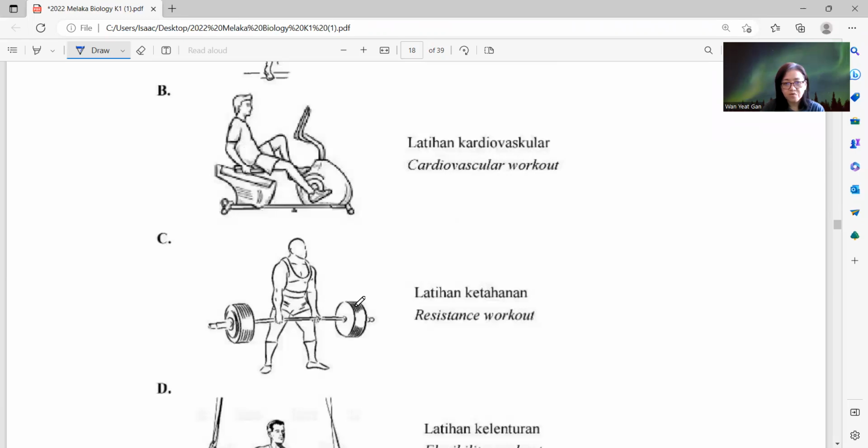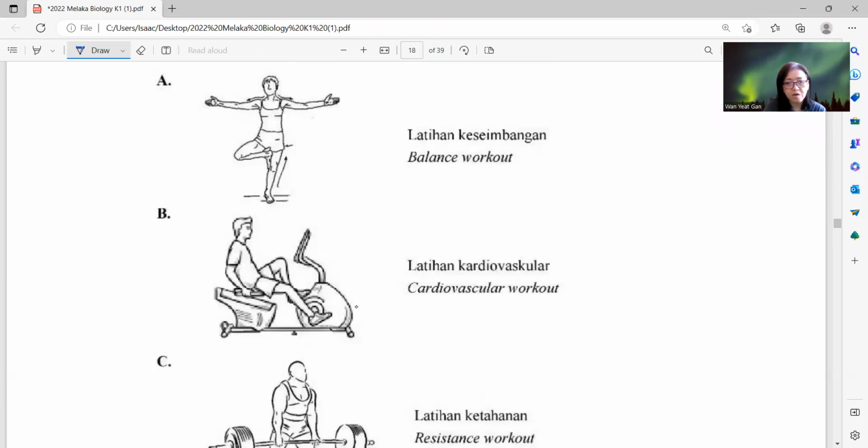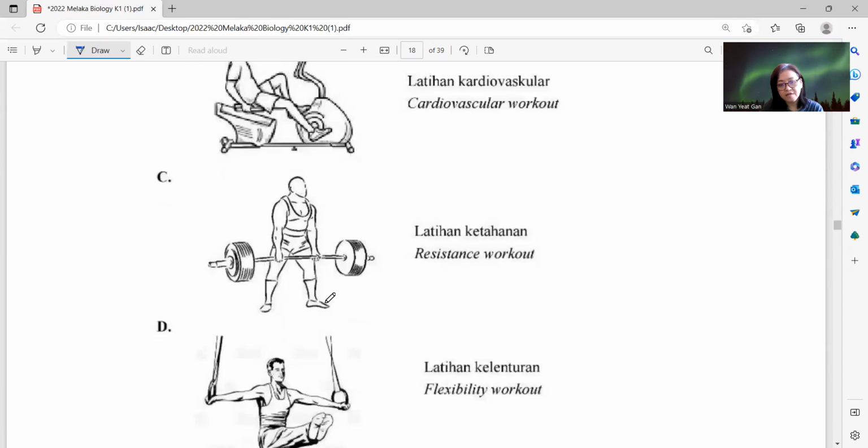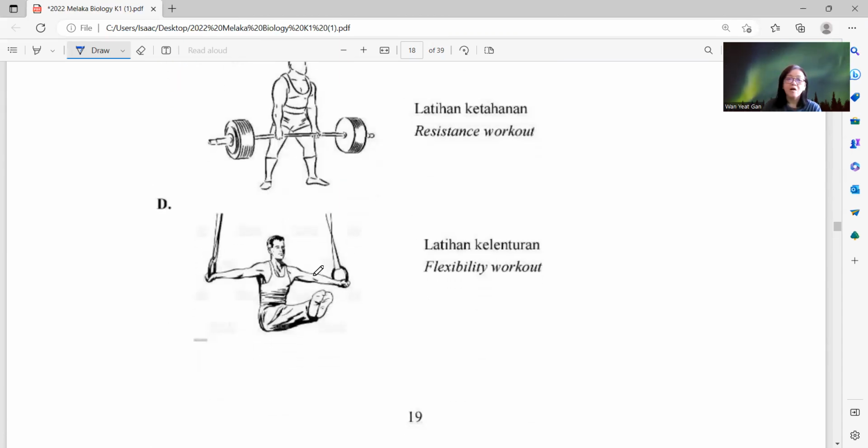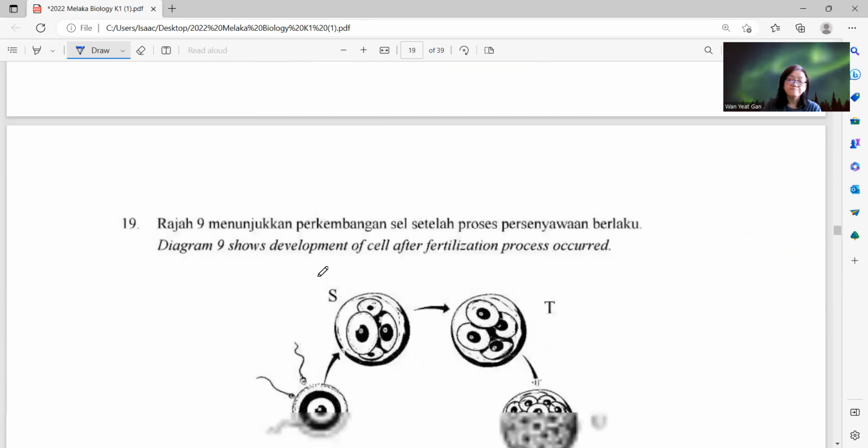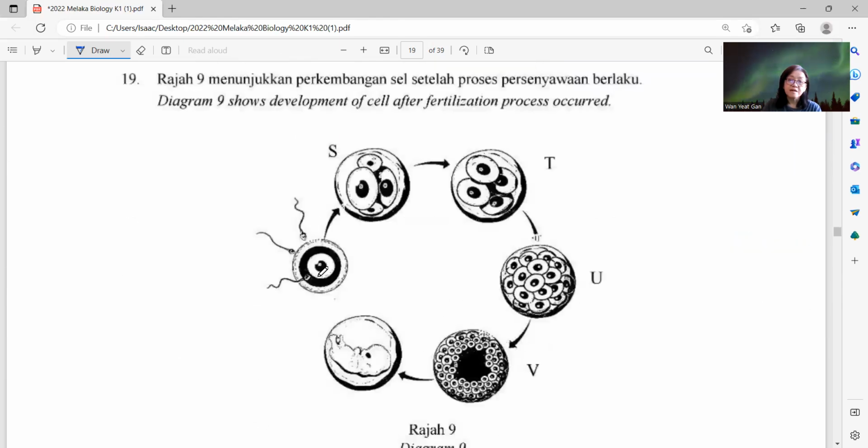The most suitable is to increase her cardiovascular workout first, before she does other exercise that builds her muscle or flexibility. Okay, 19. Diagram 9 shows the development of the cell after the fertilization process occurs.